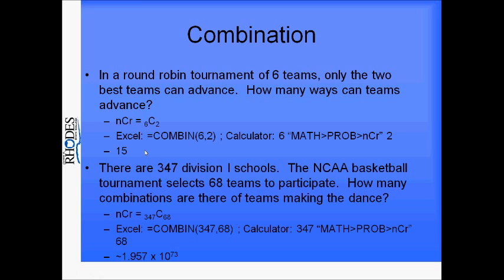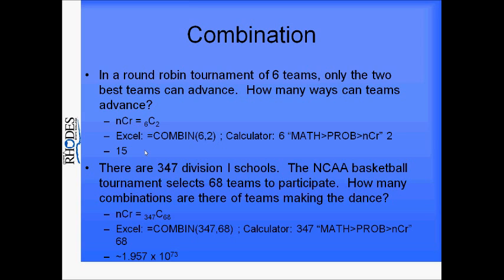Okay. There are 347 Division I schools, and the NCAA basketball tournament selects 68 of those teams to participate in their tournament. How many combinations are there of teams making the big dance? Alright, so the way you figure this out, you have 347 schools, and we're asking how many ways can they make it. And what that's saying is it doesn't matter if you're selected as top seed or the 68th team.